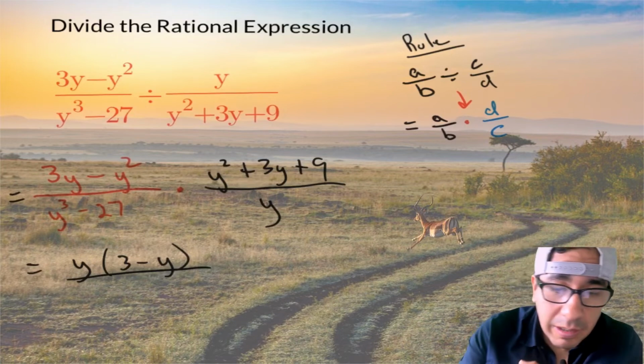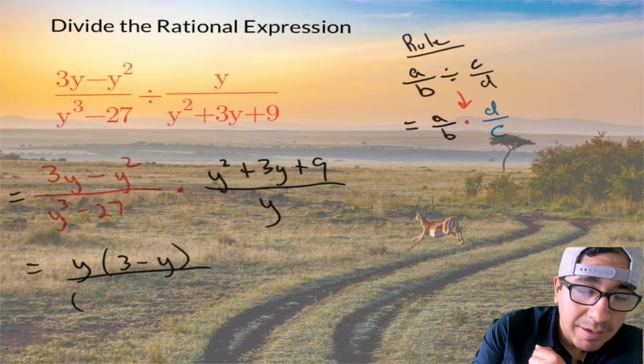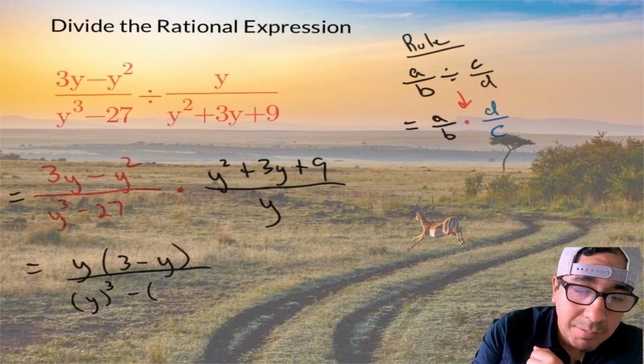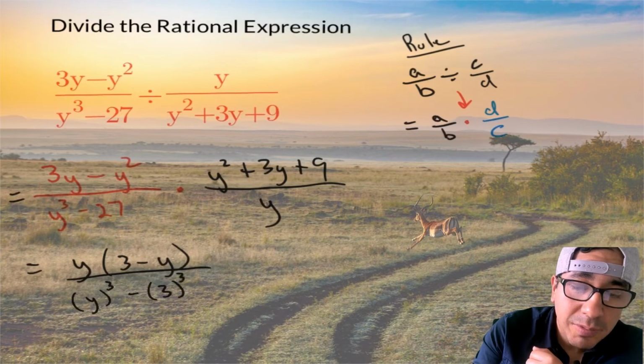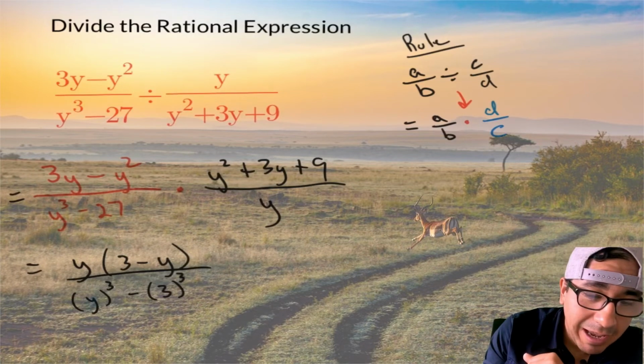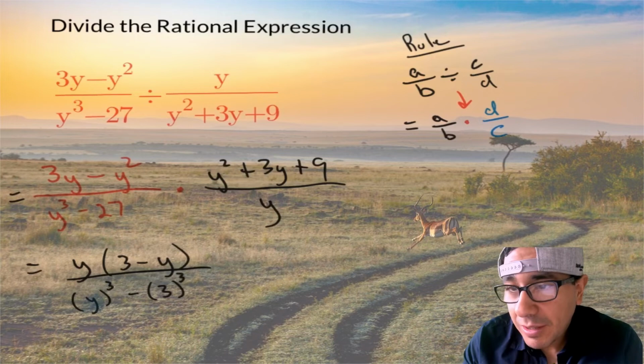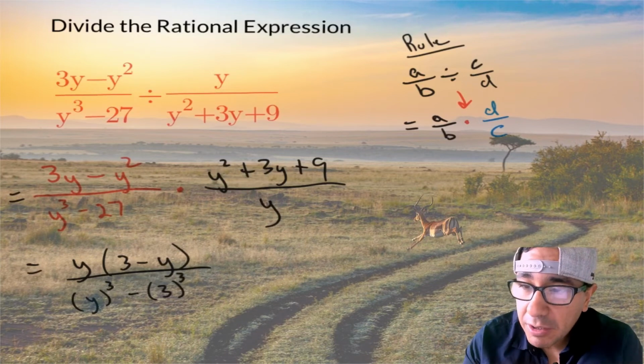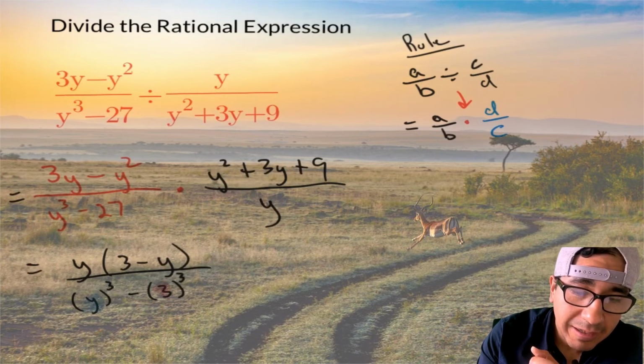So let me rewrite it for you as something cubed minus something cubed. And so this is going to act as our a, if I'm using the formula a cubed minus b cubed, and this is going to act as our b.